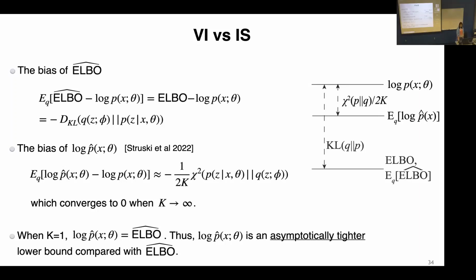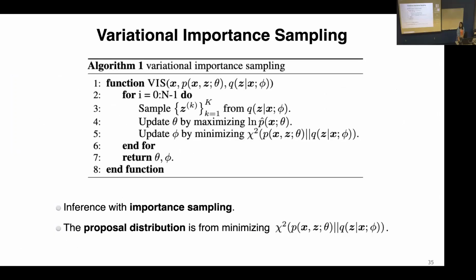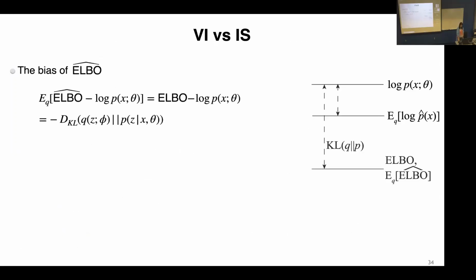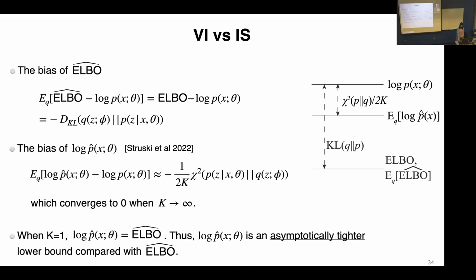I have two questions on this. First, you only talk about the mean, but if you use it for optimization, you have to look at the variance and stability of that. Maybe ELBO hat is more stable than log p hat, because with importance sampling, if you have a large weight, it gets skewed. Yeah, first, all I'm saying is you cannot calculate ELBO. You have to use the empirical estimator.